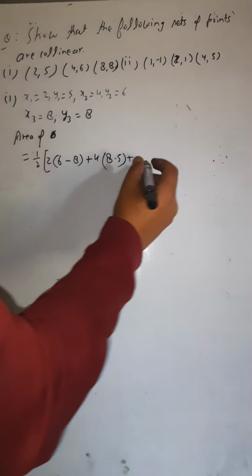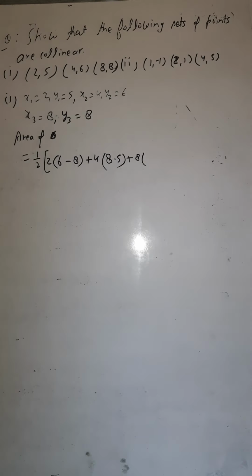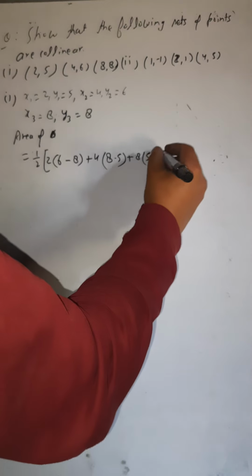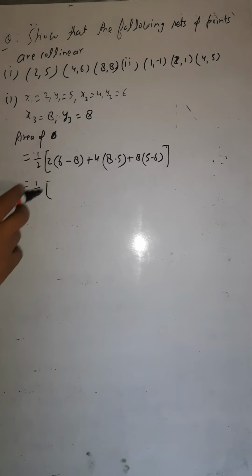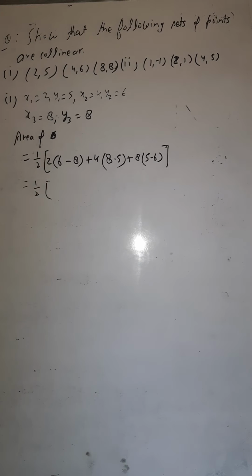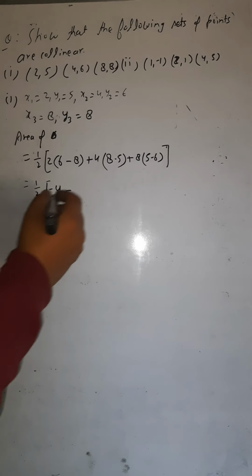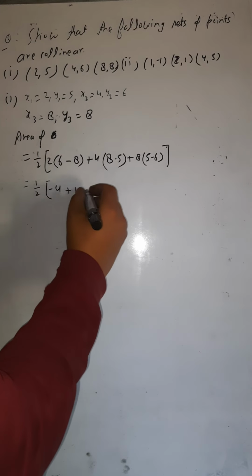Then you have x3, which is 8, outside, and inside y1 minus y2, which means 5 minus 6. So 6 minus 8 is minus 2. Minus 2 into 2 is minus 4, plus 4 into 3, and 3 fours are 12.